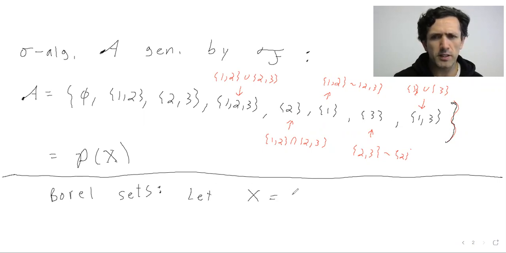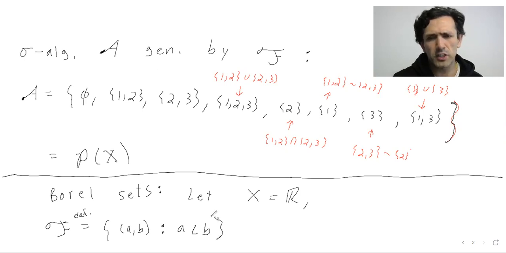So here, X is the real line. Script F, my collection of subsets, I'm defining as the set of all finite open intervals. Not a very exotic example of a collection of subsets of the real line, but nevertheless very important.